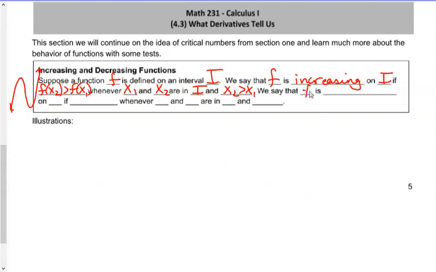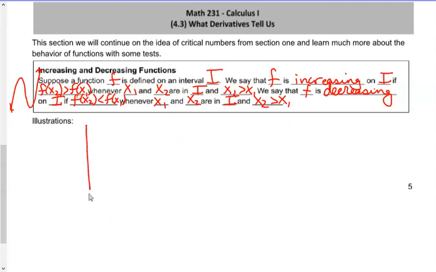And we say that f is decreasing on the interval I if f of x sub 2 is less than f of x sub 1 whenever x sub 1 and x sub 2 are in I, and again, x sub 2 is greater than x sub 1. So the function values are decreasing this time when our x's get bigger.